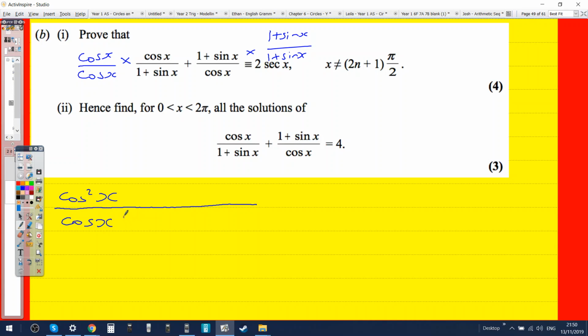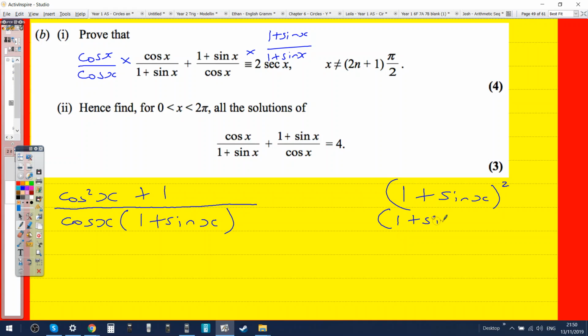Yeah, I'm just going to leave it as cos x times 1 plus sine x. Second fraction. So it's basically 1 plus sine x all squared.